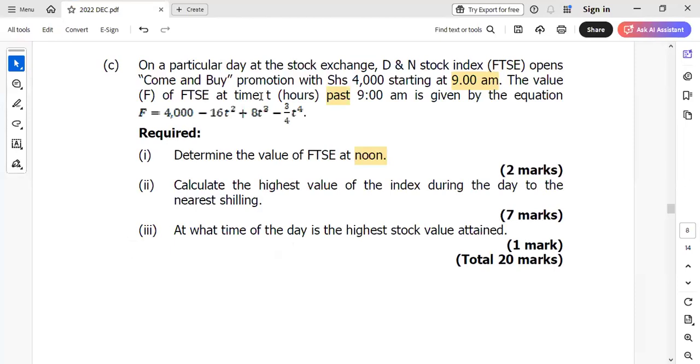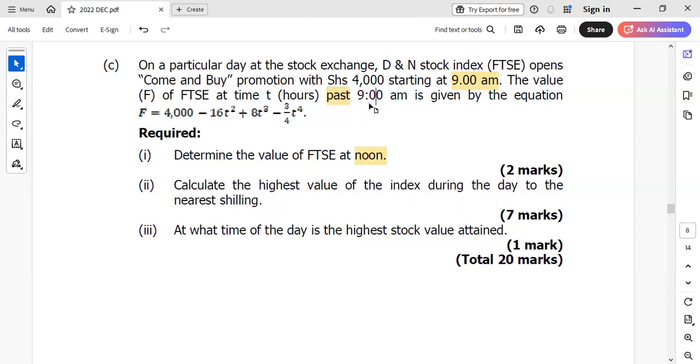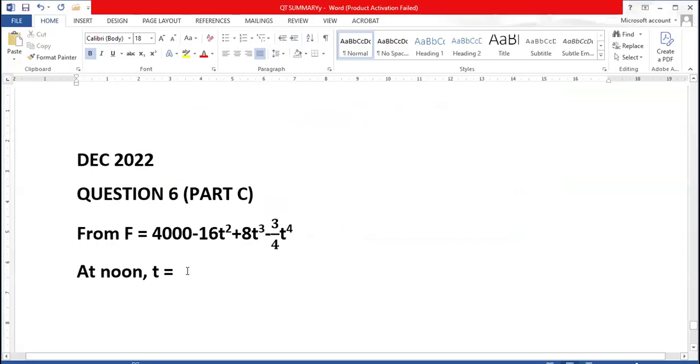This was past 9, so you don't include 9 a.m. So count from 10, 11, and noon. Those are 3. So at noon, t is 3.